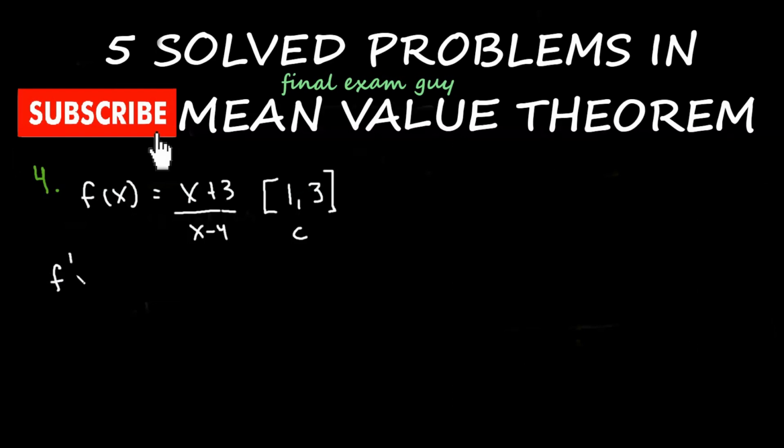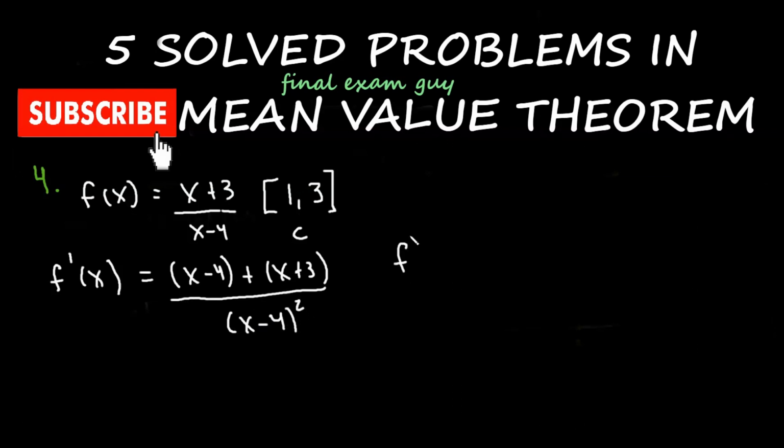So f prime of x, in this case, we get, using a quick quotient rule, low times the derivative of the top, which is just 1, plus high times the derivative of the bottom, which is just 1, all over the bottom squared.